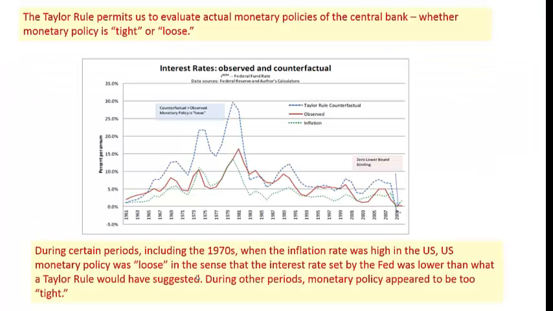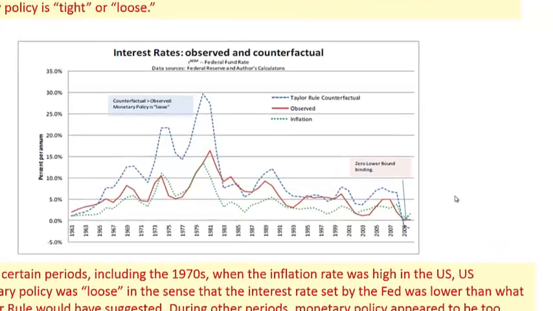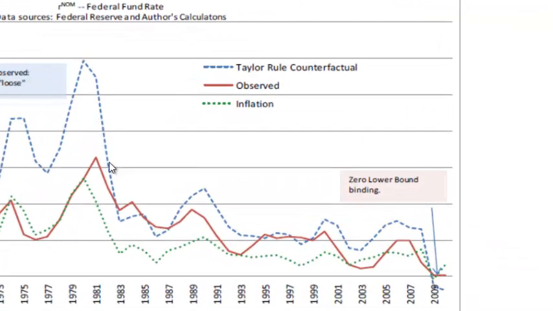So the Taylor rule is better suited than the LM curve to evaluate monetary policies of the central bank, whether monetary policies are tight or loose. And we can make this calculation. This graph is from chapter 11 of the book, and we can see here the red line is what we observed, the blue dashed line is what the Taylor rule would have given us.